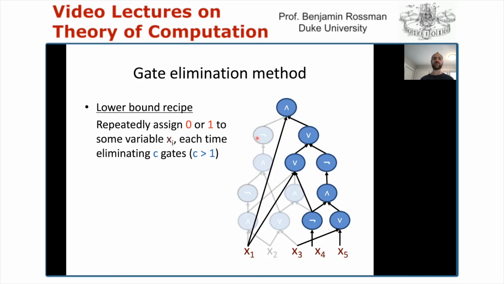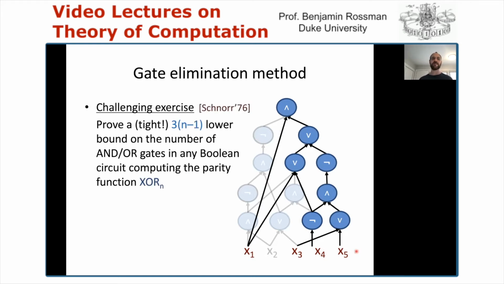Assuming you could do this, eliminating at least c gates for at least a constant fraction of the time, this would give you a lower bound, say cn, if you could always do this. I'll leave it as an exercise to show that, using this exact method, you can prove a tight lower bound of 3n minus 3 on the number of AND and OR gates in any Boolean circuit computing the parity function.